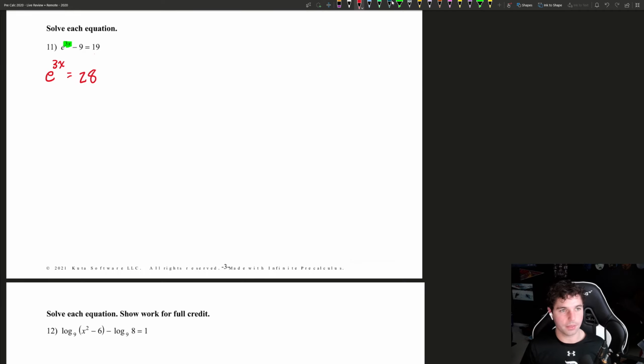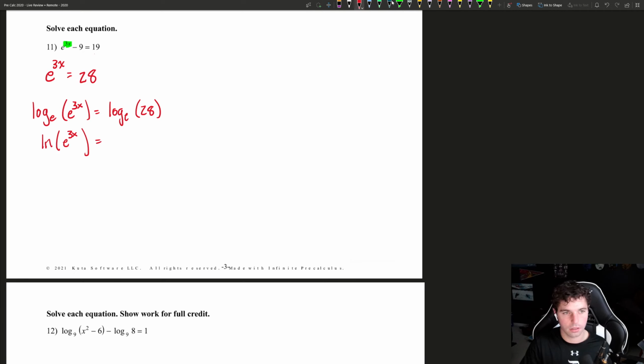And then again, we're doing the same thing. We need to undo this exponential. In order to undo exponentials, we use logarithms. So in this case, we want to use log base e on both sides. This also means we're taking the natural log on both sides. You can write it either one of these two ways.